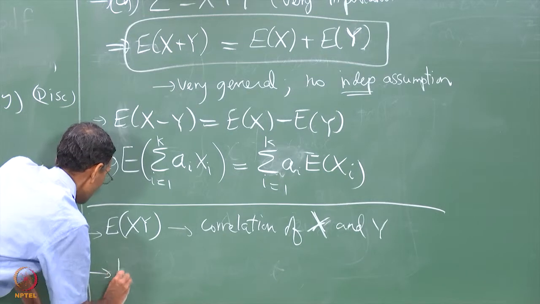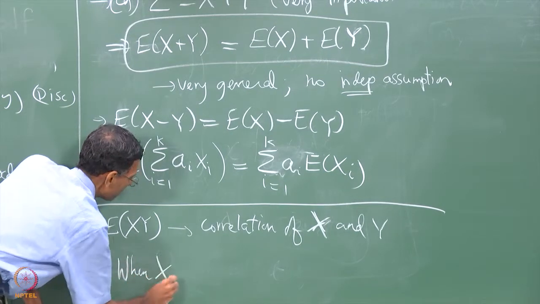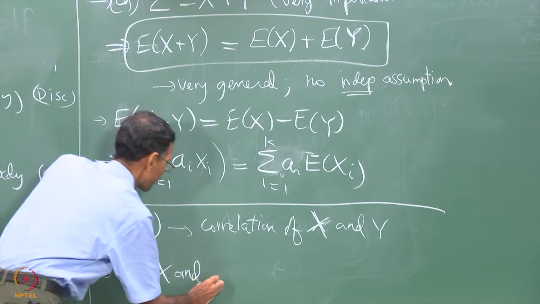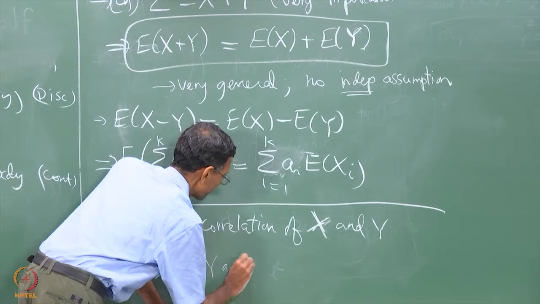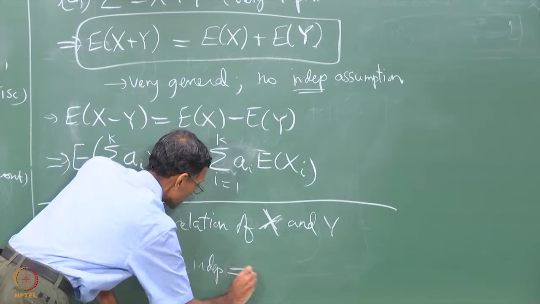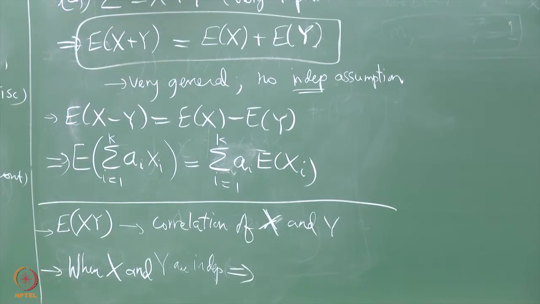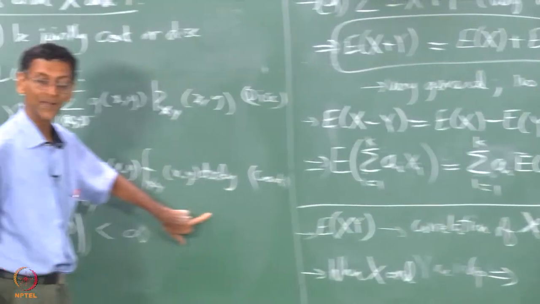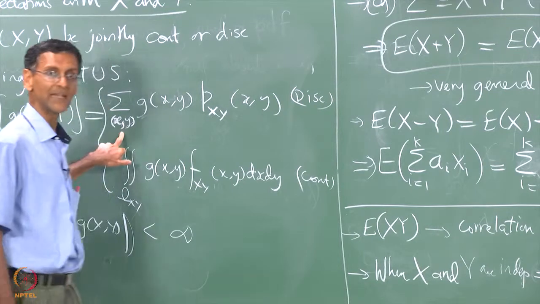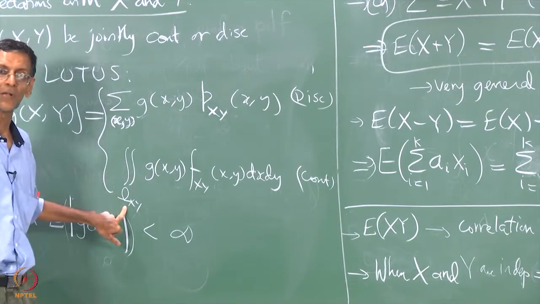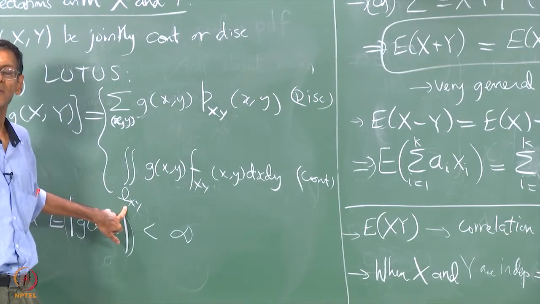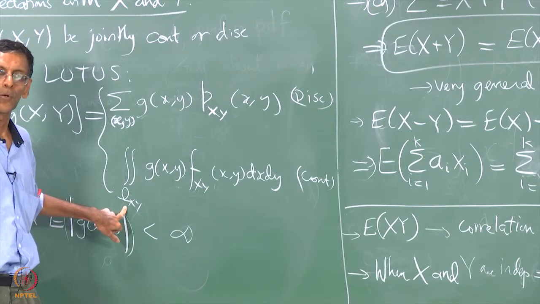So when x and y are independent, what can you say about E of xy? This implies what? This becomes p_x times p_y, f_x f_y, and then this will always be a rectangular region. So you can always integrate over y alone and x alone.